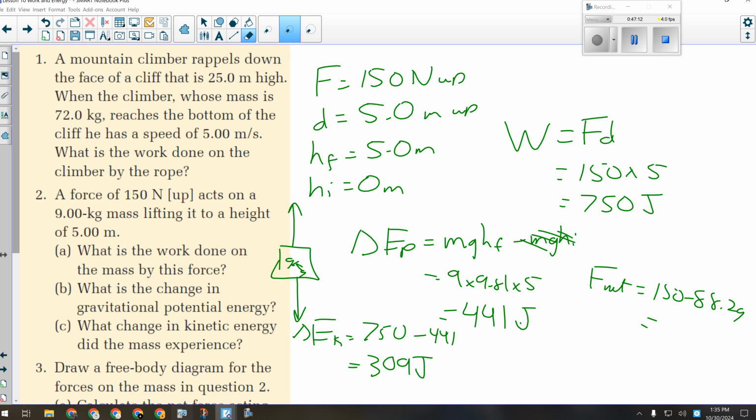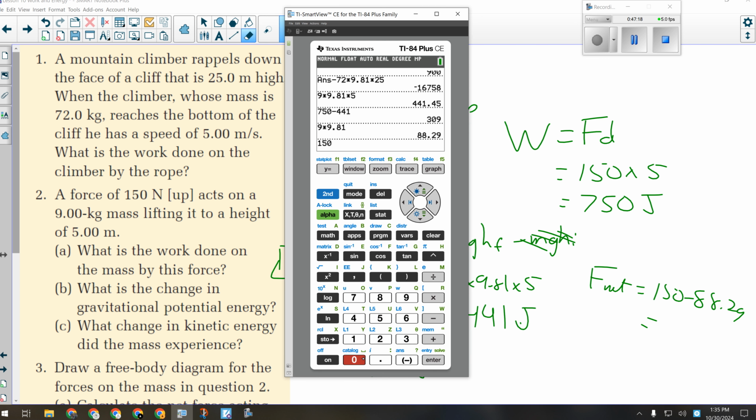Okay, so that's going to give me this number. Okay, so there's my net force. Multiply that by 5 meters. Force times distance. What do you get? Do you get the change in kinetic energy?